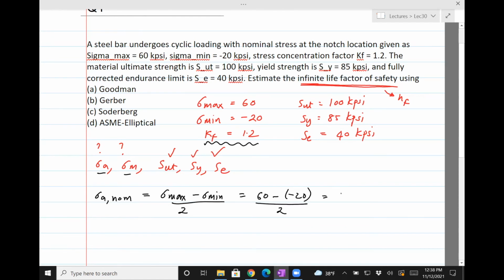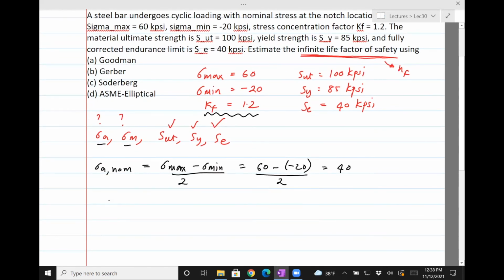So that's 40. Then sigma m nominal is sigma max plus sigma min divided by 2. That's 60 plus minus 20, divided by 2, and that's 20.